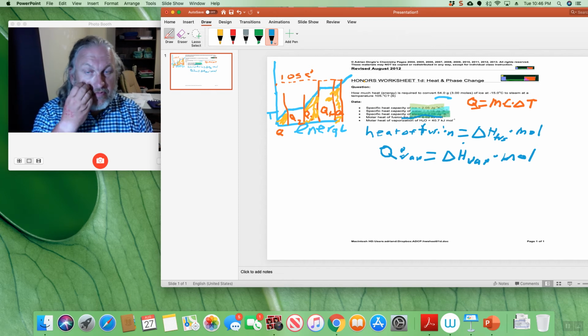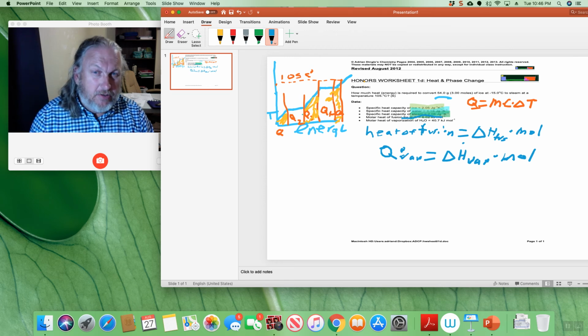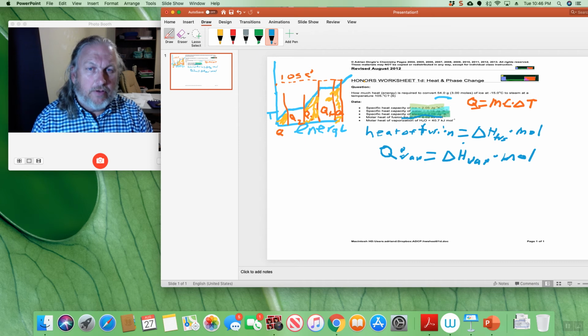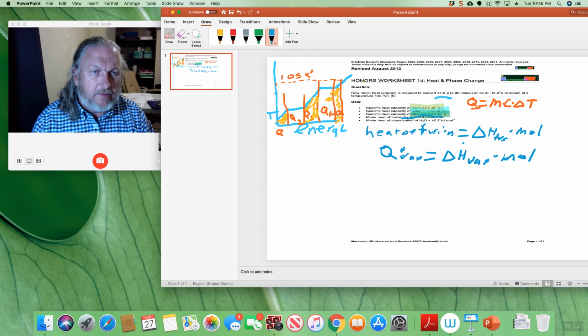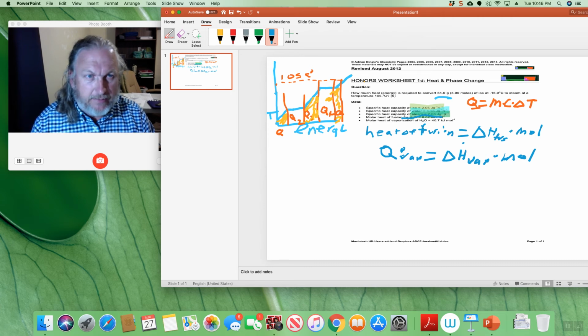You're going to have a different Q here when we're melting the ice, and a different Q here again because of the heat capacity of the liquid water, 4.18 joules per gram per degree K or C, and a different amount of energy because of the vaporization factor. Then of course here we're controlled by QMCAT.